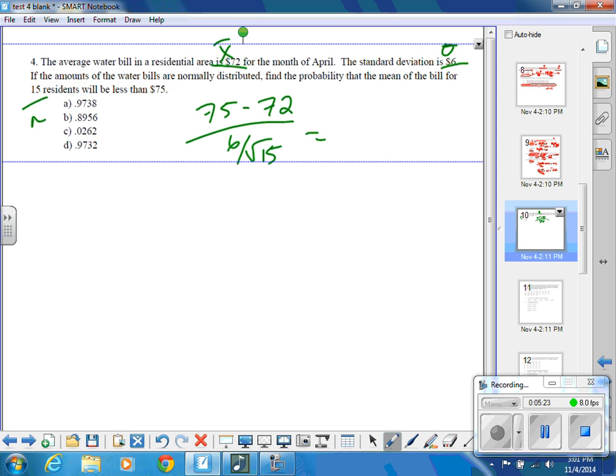Punch that in, you get 1.94. Because they said less than, whatever that is in the back of the book is the answer, which is that one. Now, I have section 7.1, and I can go ahead and do the first one before cutting this off.